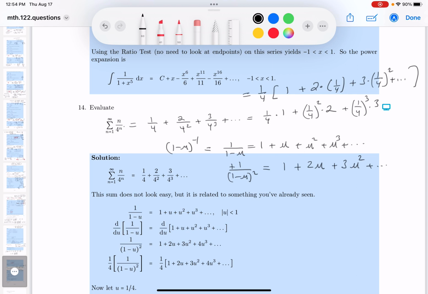I think I'm getting pretty close. I'm going to multiply both sides of this thing by 1/4. Let me do that. And as I do that, I'm also going to let u equal 1/4.